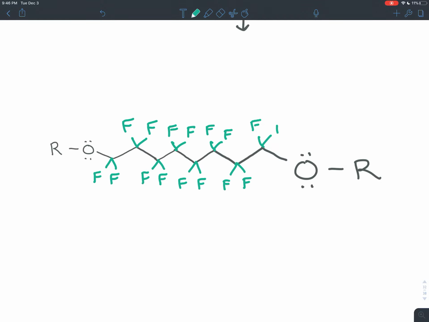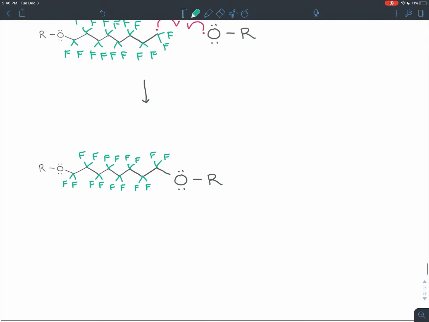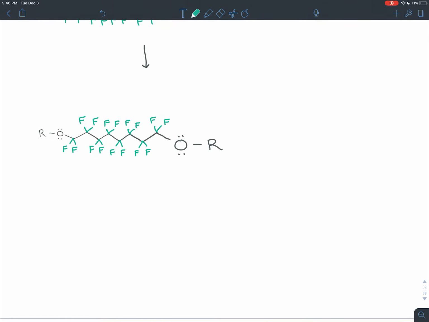When we talk about the halogens being leaving groups, we always talk about chlorine, bromine, or iodine, but never fluorine, because fluorine is so small, it can't handle fitting a negative charge in that tiny space. Unlike chlorine, which is the size of a methyl group, bromine, which is even bigger, and iodine, which is even bigger than that. Iodine is ginormous.